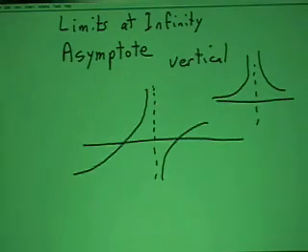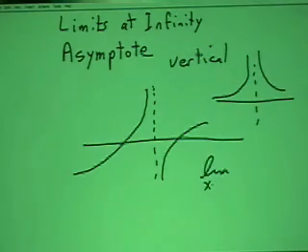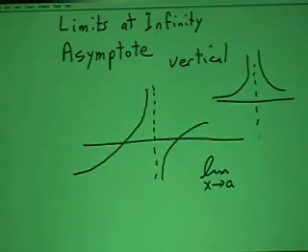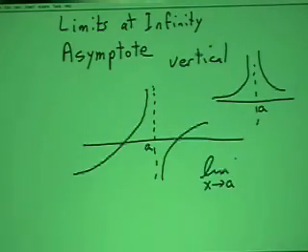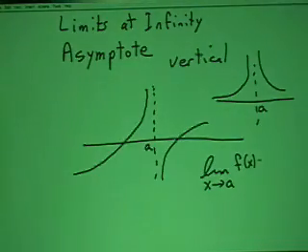And we know how to test for these things now. The important thing about a vertical asymptote is that the limit, as x approaches the value a where the asymptote occurs, whether it's there or there, the limit as x approaches a of your function has to be plus or minus infinity.